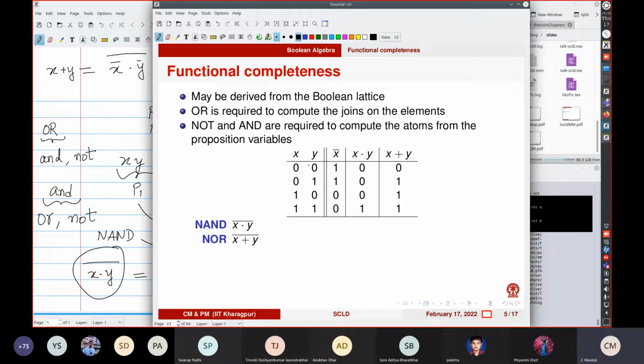Okay. All right. So this is about NOR. Now, interestingly, you can also use XOR and AND. XOR and AND is also functionally complete.